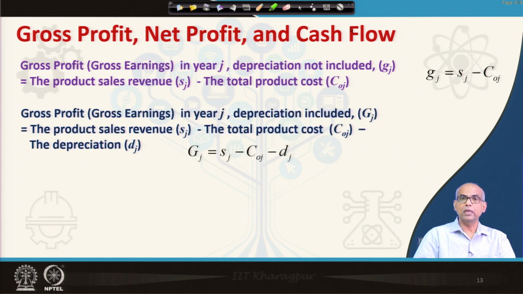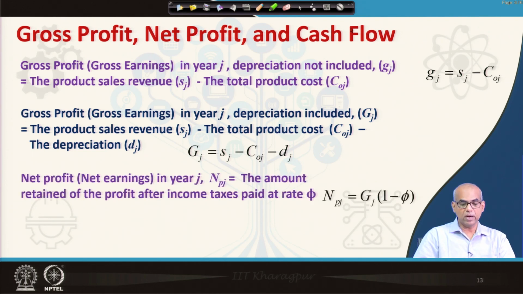If you include depreciation, then gross profit or gross earnings, depreciation included, will be the product sales revenue minus the total product cost minus the depreciation. When you talk about a particular year, say year J, all these values are calculated in that particular year J.